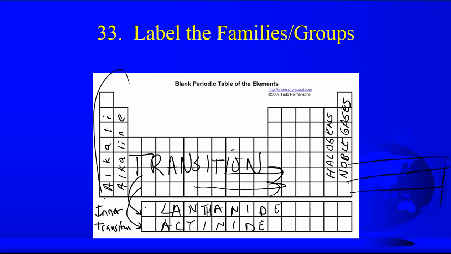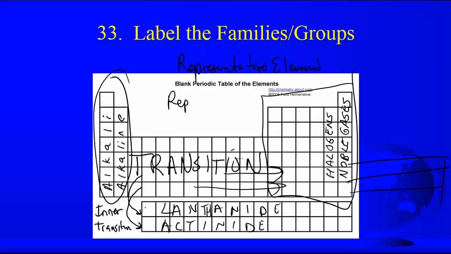Together, these first two and the last 6 are called the representative elements. The first 2 and the last 6 are called the representative elements.